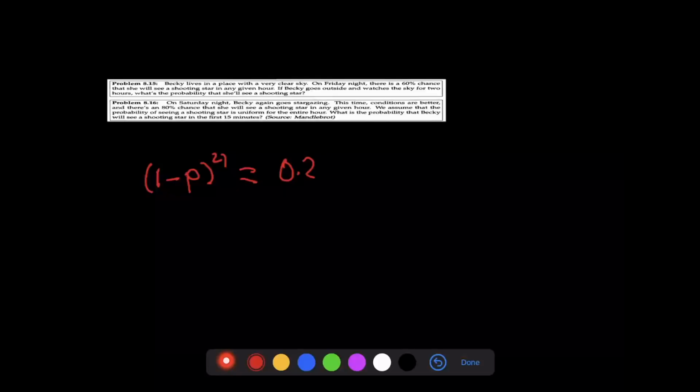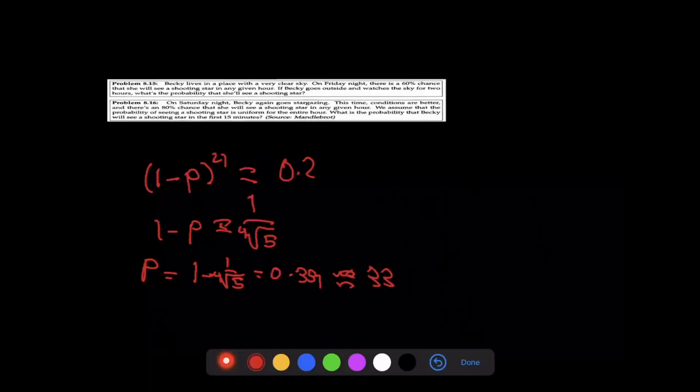So now, solving for p, you get 1 minus p equals 1 over the 4th root of 5, and p is equal to 1 minus 1 over the 4th root of 5. And this is equal to about 0.331, or there's going to be a 33.1% chance that she sees it in the first 15 minutes.